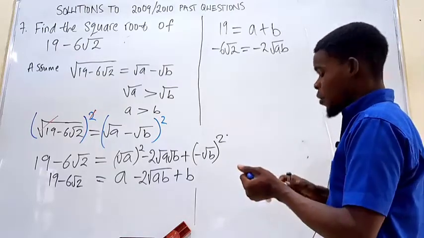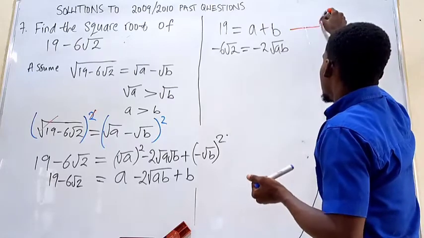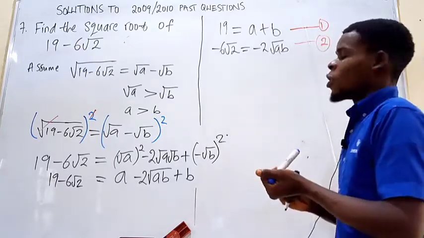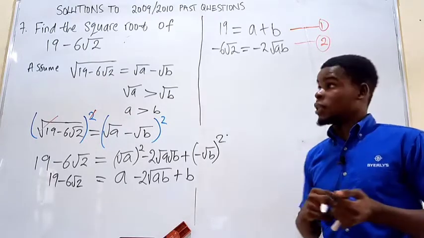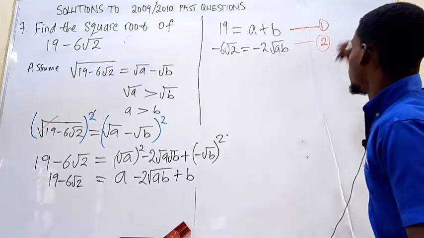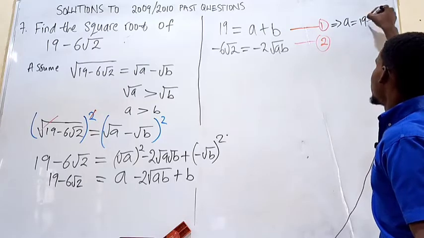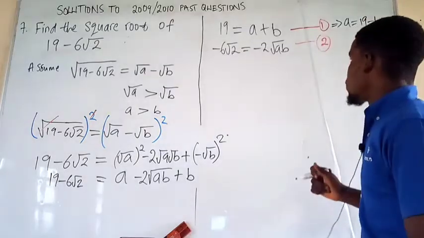So from here we can just go ahead and call this equation 1 and this other one equation 2. We're going to solve equation 1 and equation 2 simultaneously for the values of a and b. Now from equation 1, we see that a is equal to 19 minus b. So we just keep that, and we're going to use it to substitute into equation 2.